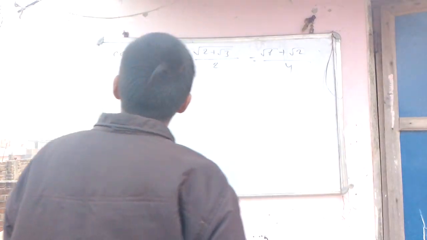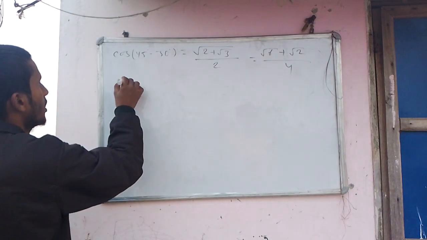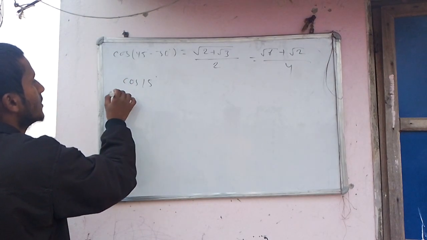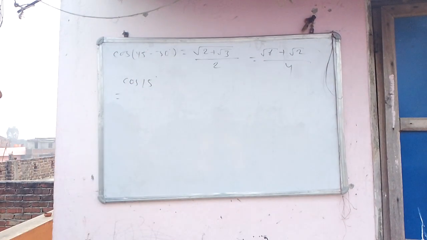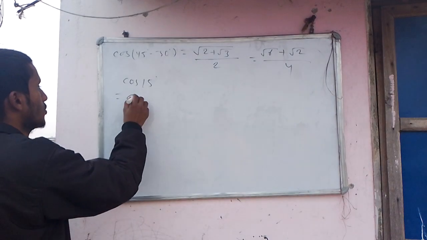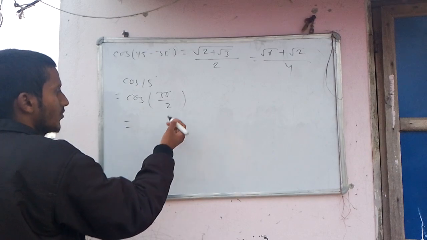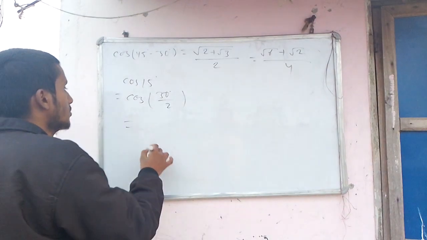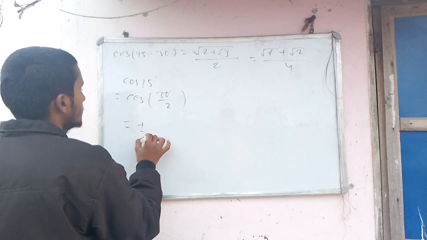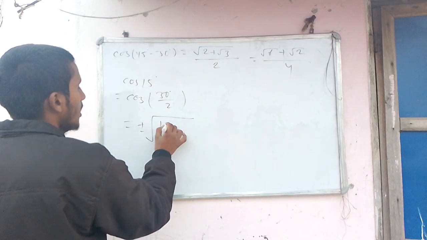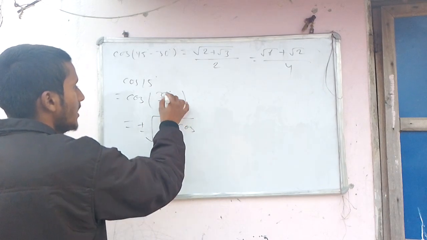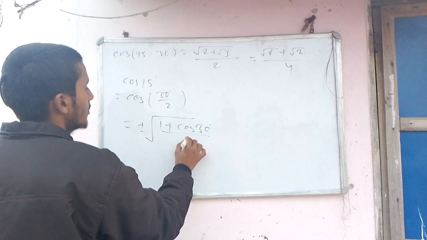This is a little hard, and the method that we use is, this is cosine 15, and we're going to use the half angle formula, which will be cosine of 30 degrees over 2. Cosine A over 2 is plus or minus the square root of 1 plus cosine A, which is 30 in this case, divided by 2.